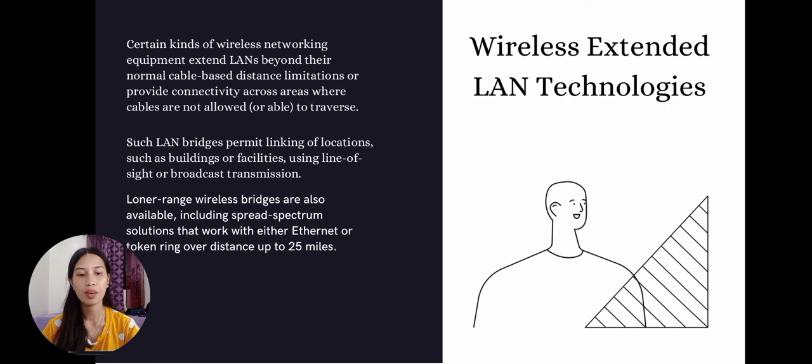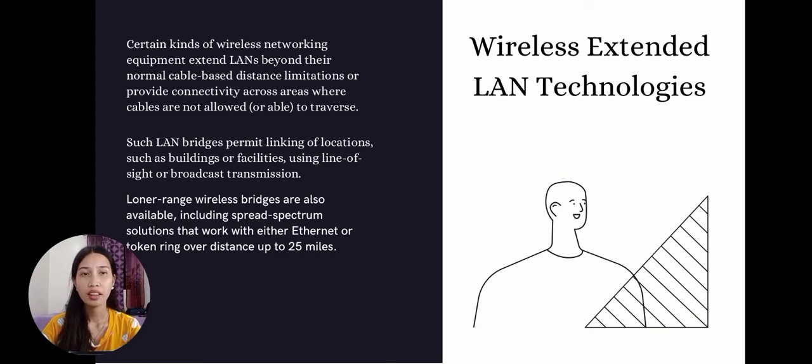LAN bridges also may make it unnecessary to route dedicated digital communications lines from one site to another through a communications carrier. Normally, upfront expenses for this technology are as much as 10 times higher, but eliminate recurring monthly service charges from a carrier that can quickly make up and exceed this difference.